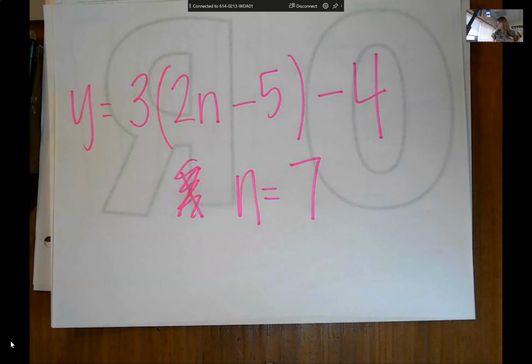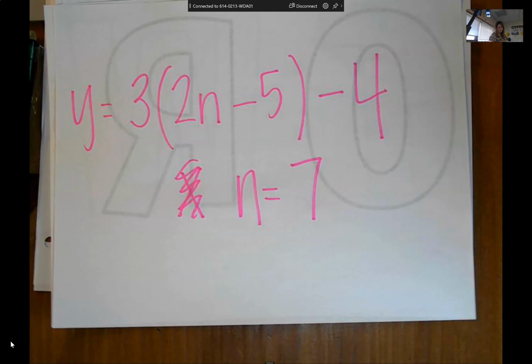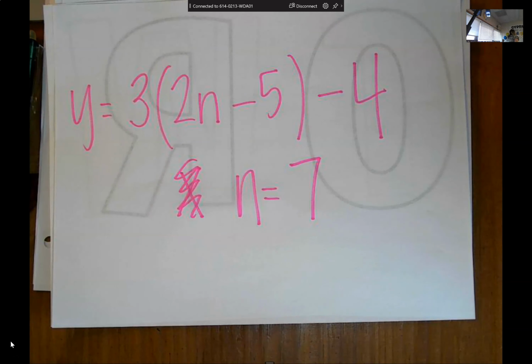Okay, we got about 10. Five. 3, 2. Okay, show me. 23. Okay, one more.